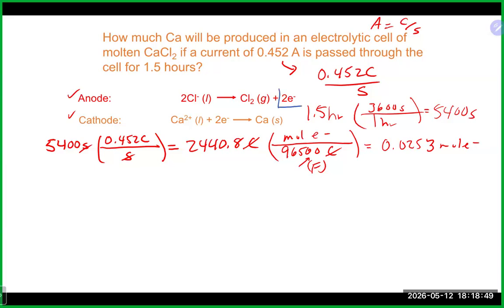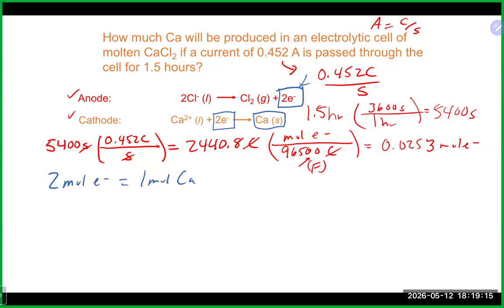From the half reaction, 2 moles of electrons gives us 1 mole of calcium. So for every 2 moles of electrons, I get 1 mole of calcium.